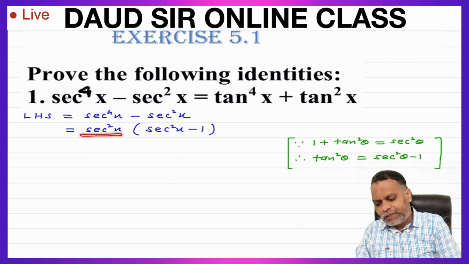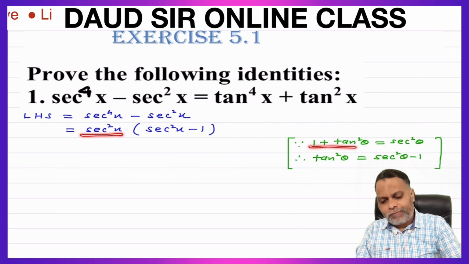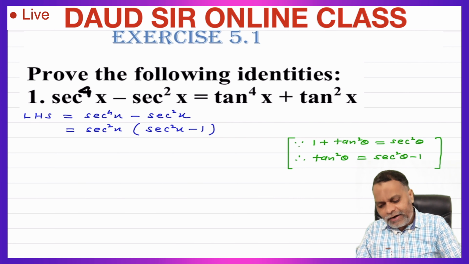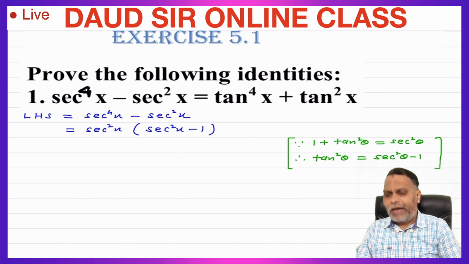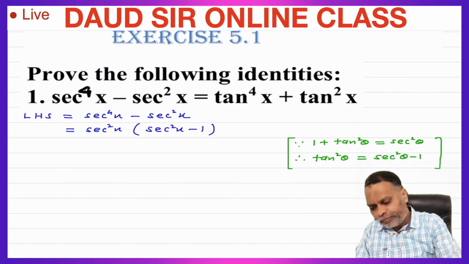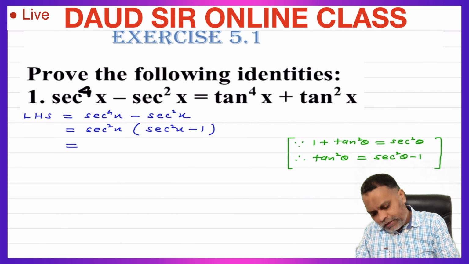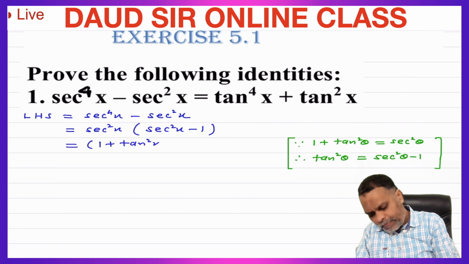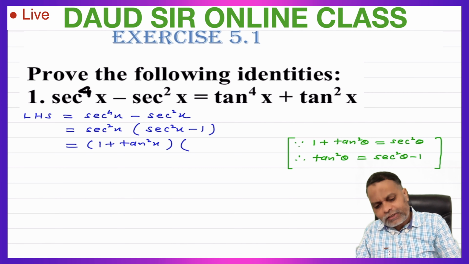So replace this sec square x by 1 plus tan square x and replace sec square x minus 1 by tan square x. So sec square x we can write as 1 plus tan square x, into sec square x minus 1, we can write tan square x.